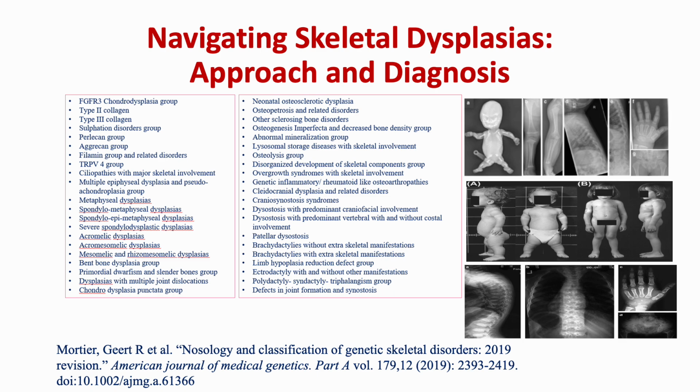Yes. And by categorizing the radiographic findings using those descriptive terms we talked about earlier, spondylo, epiphyseal, metaphyseal, maybe diaphyseal involvement, that's the shaft of the long bones, or acromeso, you can dramatically narrow down the potential diagnoses. The pattern of involvement is key. And specific examples from the images you provided are incredibly helpful here for understanding that.